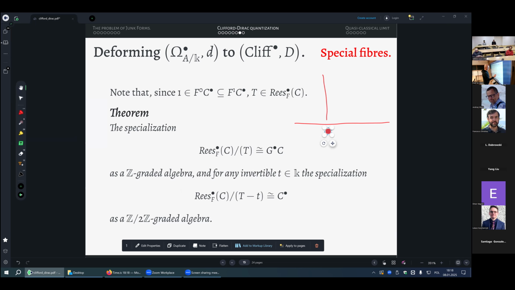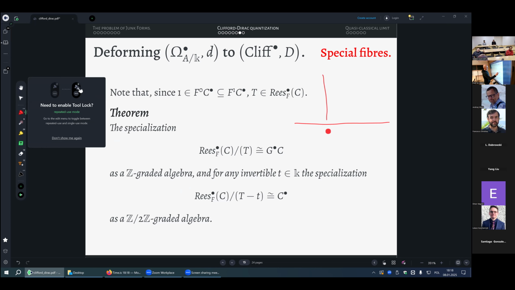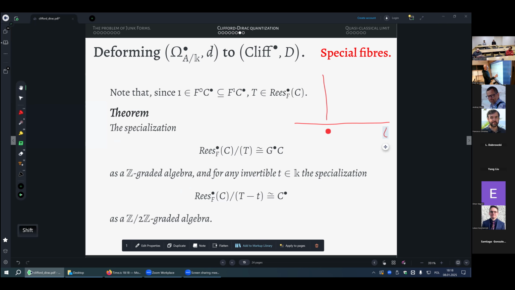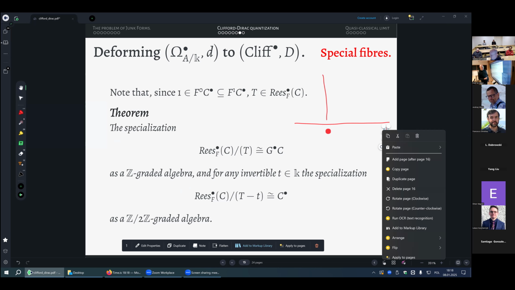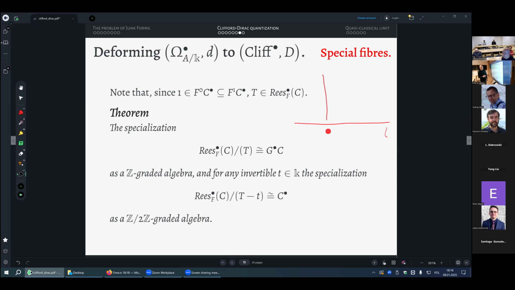So this is 0. Here we have T. This red blob is 0, and this is T. Read what you're doing, Thomas. Yeah, we are pressing something. Try the black one. Right. Yeah, that will be better.